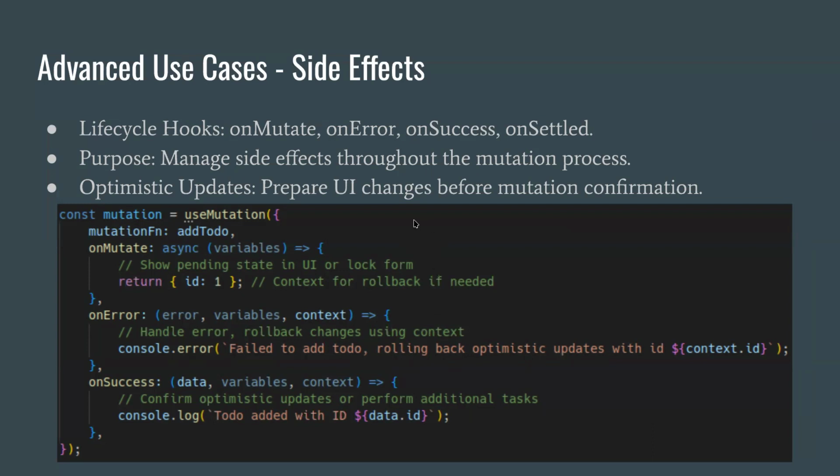If a mutation fails, you can roll back these optimistic updates in the onError callback. Similarly, upon success, you can finalize the optimistic updates or perform additional tasks using the onSuccess callback.